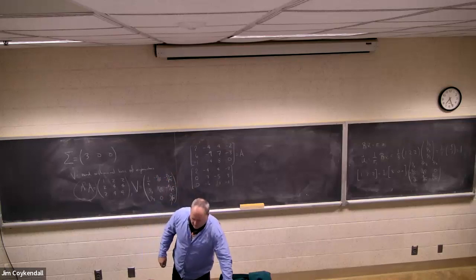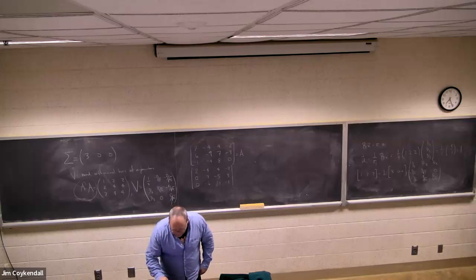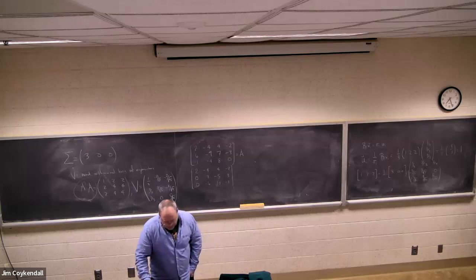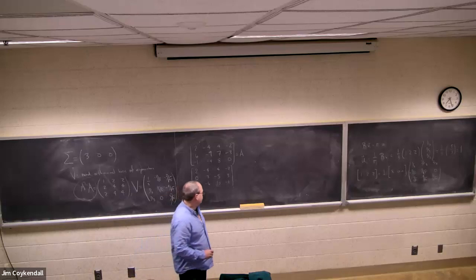And what we do as we go along here, what we want to do is build the L piece from the lower triangle from the pivot columns, right?